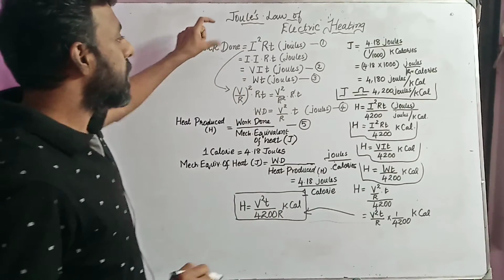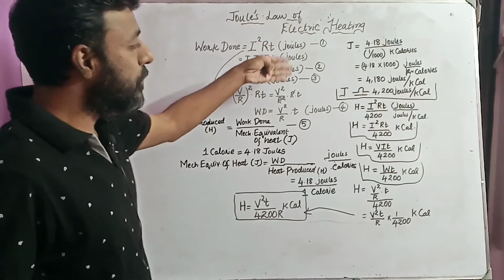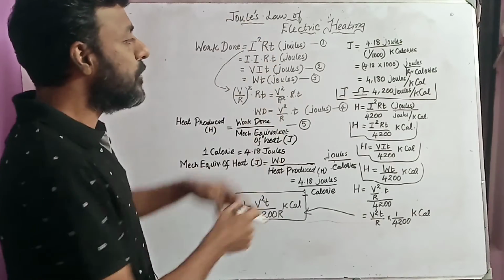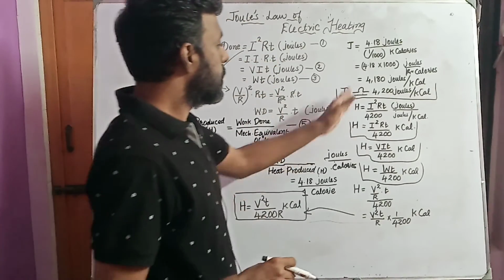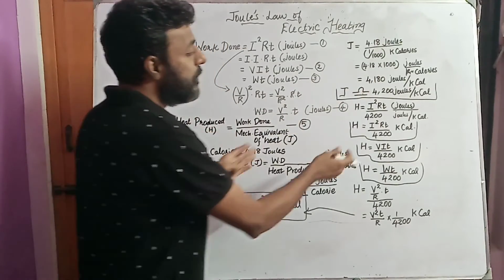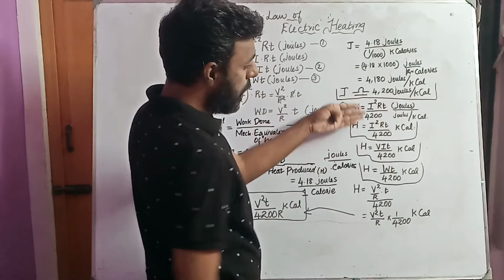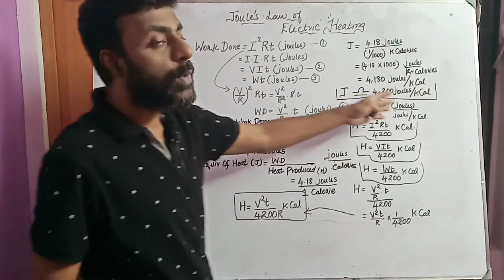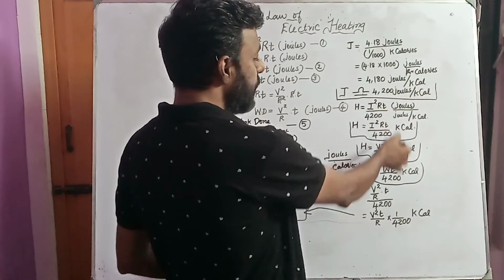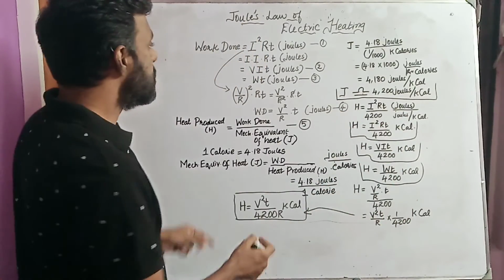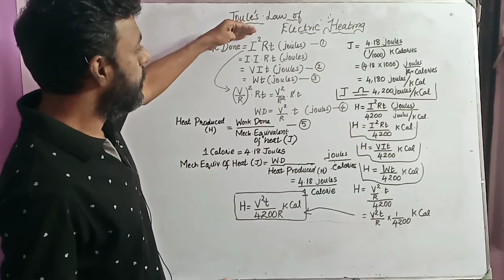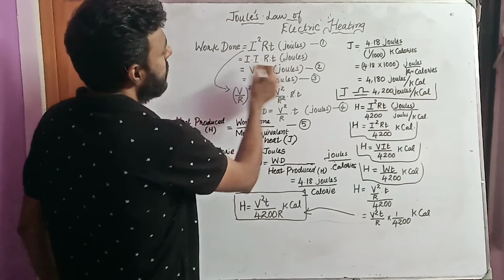So from this work done, you can form different types of equations, and you can substitute all the different types of equations into the formula for heat produced. You can form four different types of equations here, because the work done value is different in every set of equations.